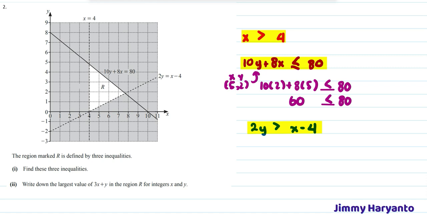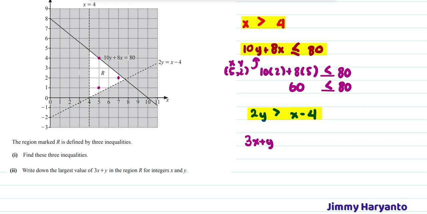So the extreme points will be this one, and maybe this one, and also this one. Yeah, so we have 3 points. Let's try it one by one. Which one makes 3x plus y the greatest? First is 5, 4, the next one is 7, 2, and the third is 5, 1.